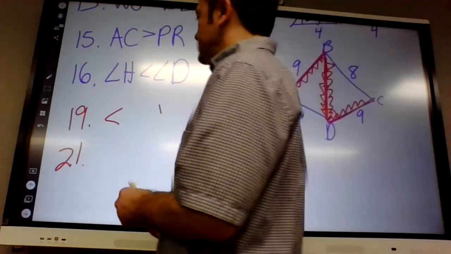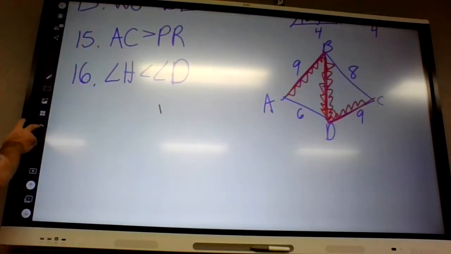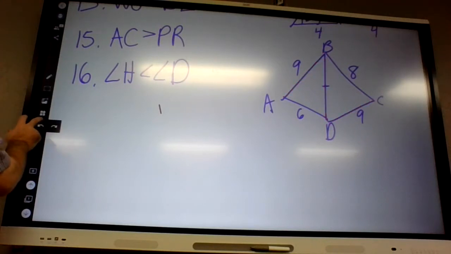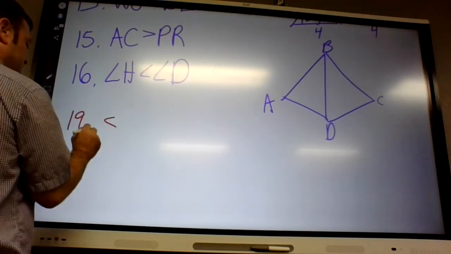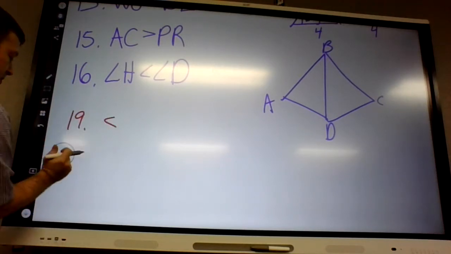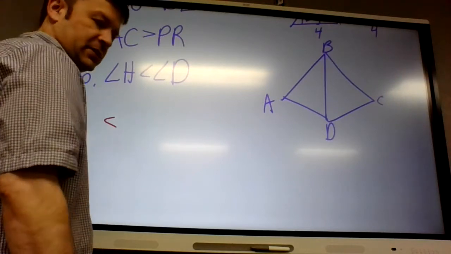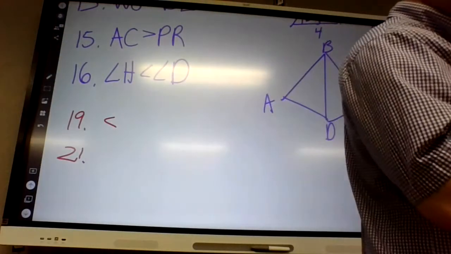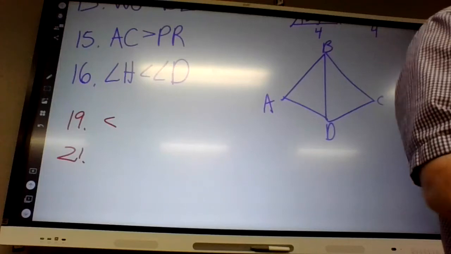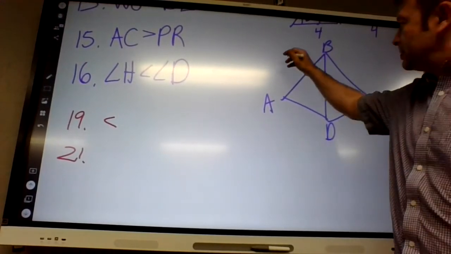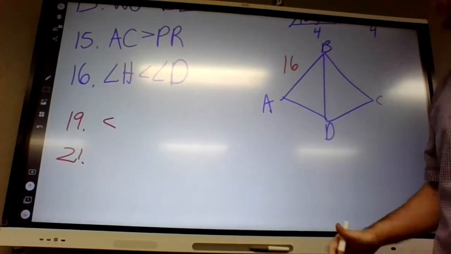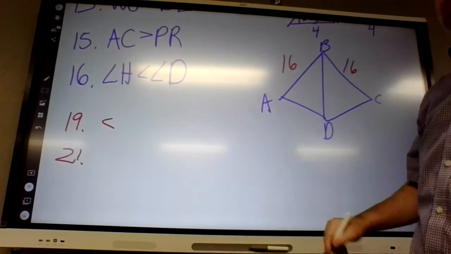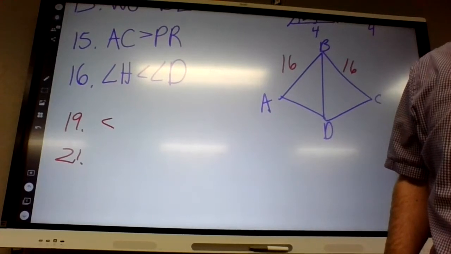Now I kind of need that picture back with all the mess. There we go. Yuck. All right, 21. Okay, it says AB is 16. BC is 16. So we already got our jaws here.